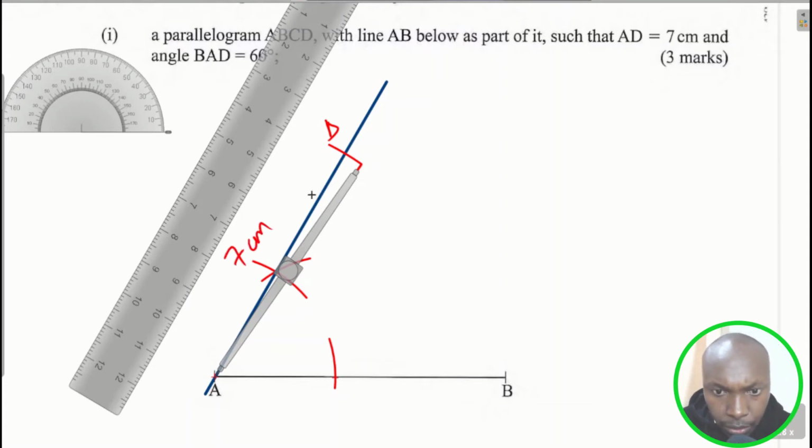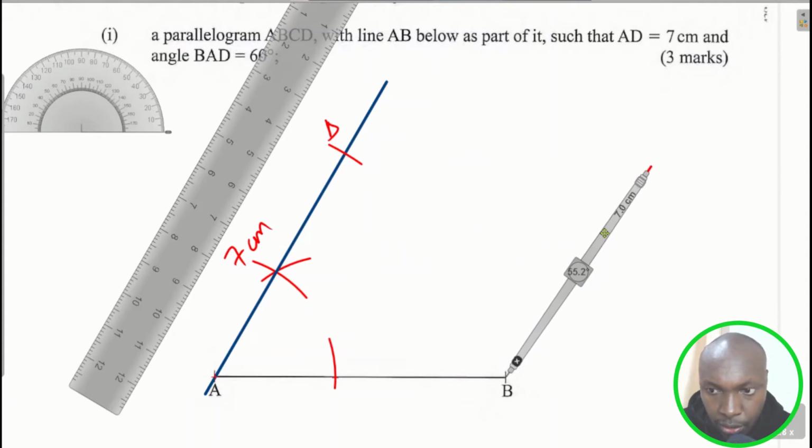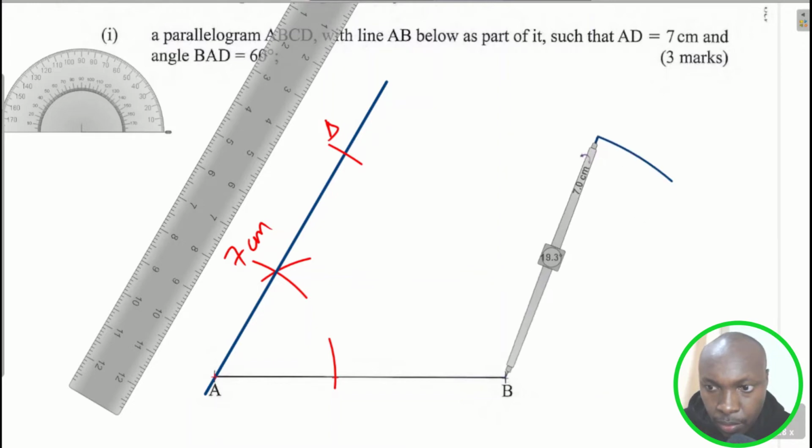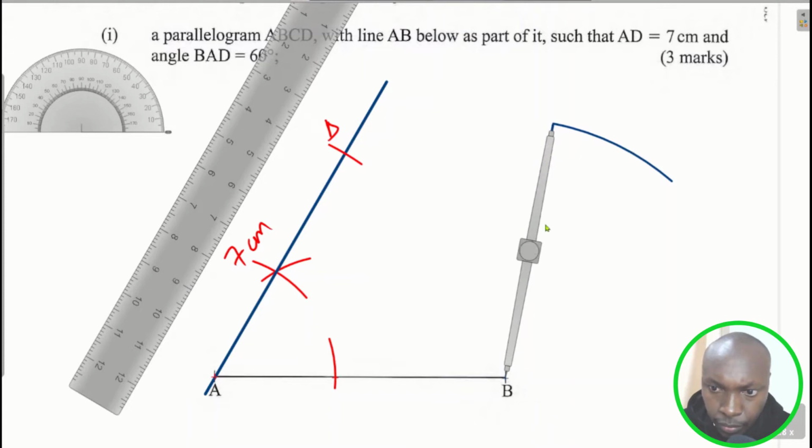Now after doing that, the next thing you're supposed to do is to take the same measurement of 7. Remember the other opposite side, this side should also be 7 centimeters. So you're going to mark an arc here with the same measurement of 7, mark an arc there, and that one is representing 7.